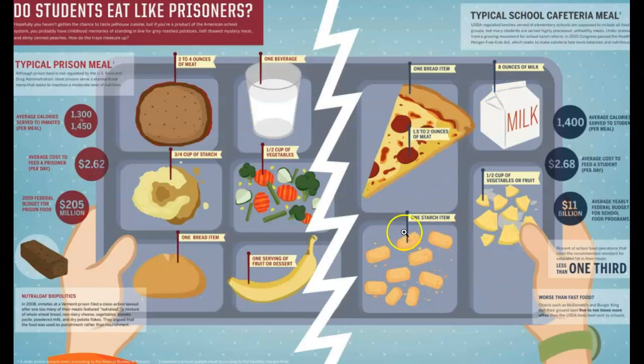Because look at all this starch they're getting and fat with the pizza and the fried tater tots. And even though they serve them milk, a lot of times the students don't drink the milk.